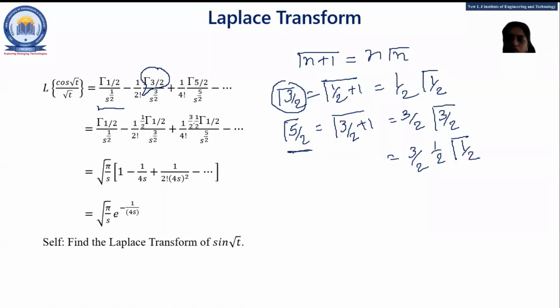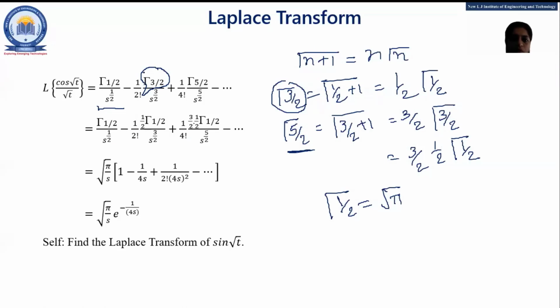So the value of gamma 5 by 2 is 3 by 4 gamma 1 half. And one more thing is that gamma 1 half is root pi.